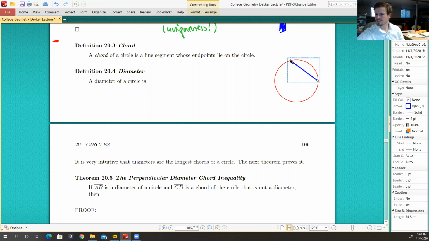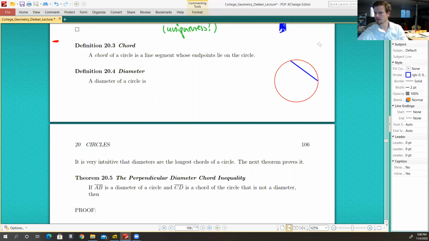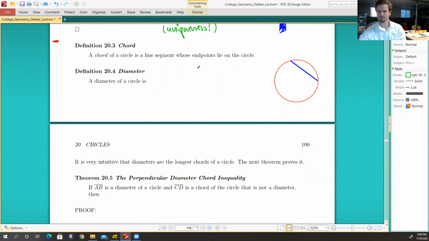It's any such segment that looks like this. It specifically has to be a line segment, of course. So that is a chord.